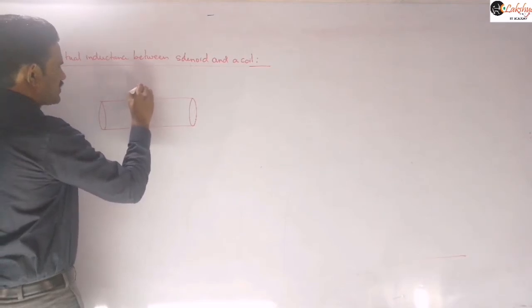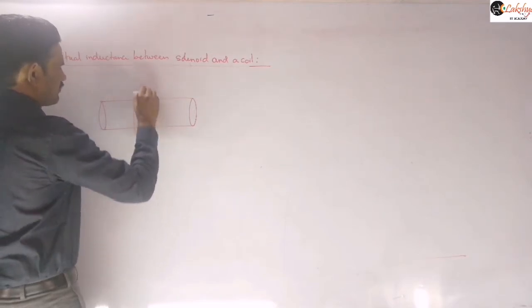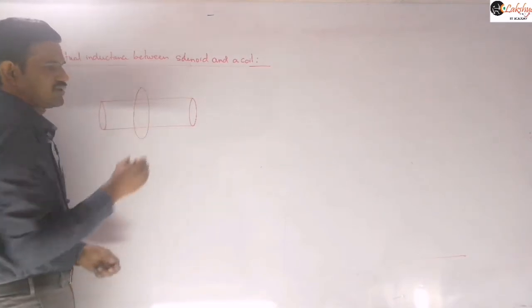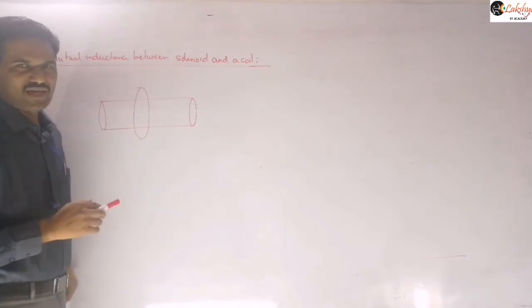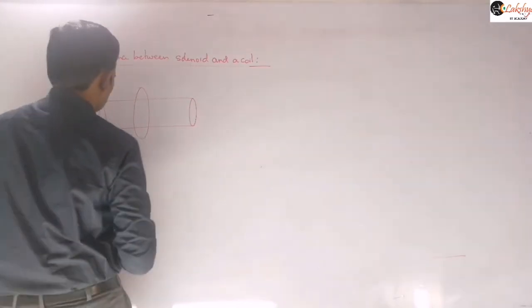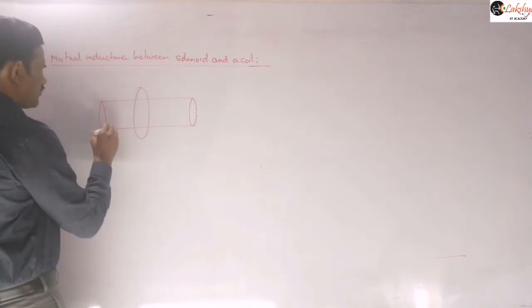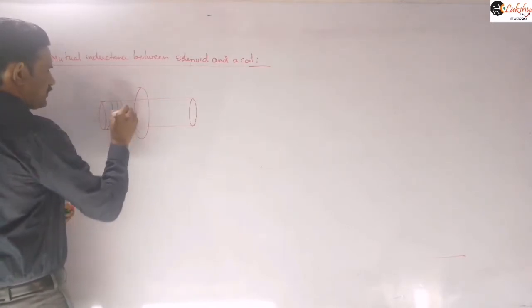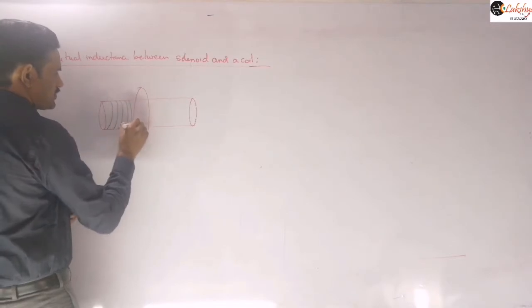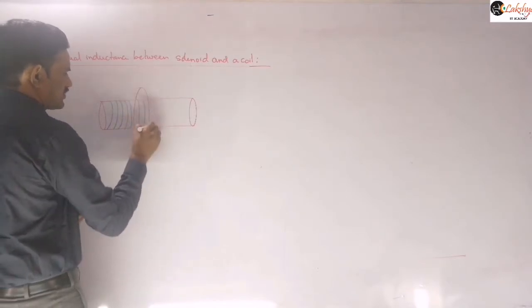Now around this, I am placing a circular coil, right? This is a circular coil. The solenoid is placed along the axis of the circular ring. These are the number of turns we consider for this solenoid, arranged like this.